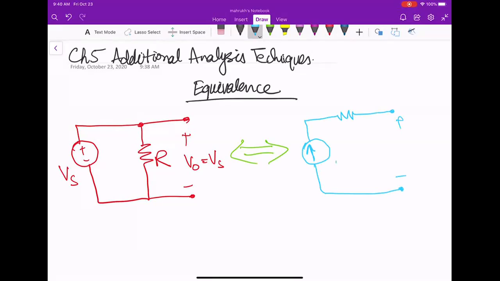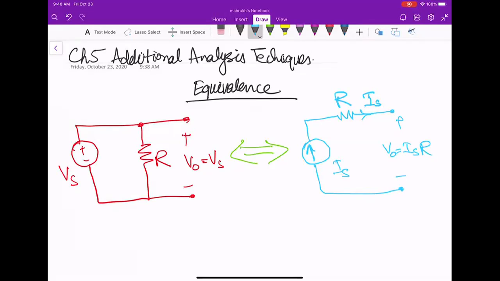And in this case, if it is the same R, the same IS is flowing, and V naught here will be ISR. So they both are equivalent circuits or interchangeable circuits when we are dealing with voltage source and the current source. So we just want to keep this information in our mind, and then we will go from there.